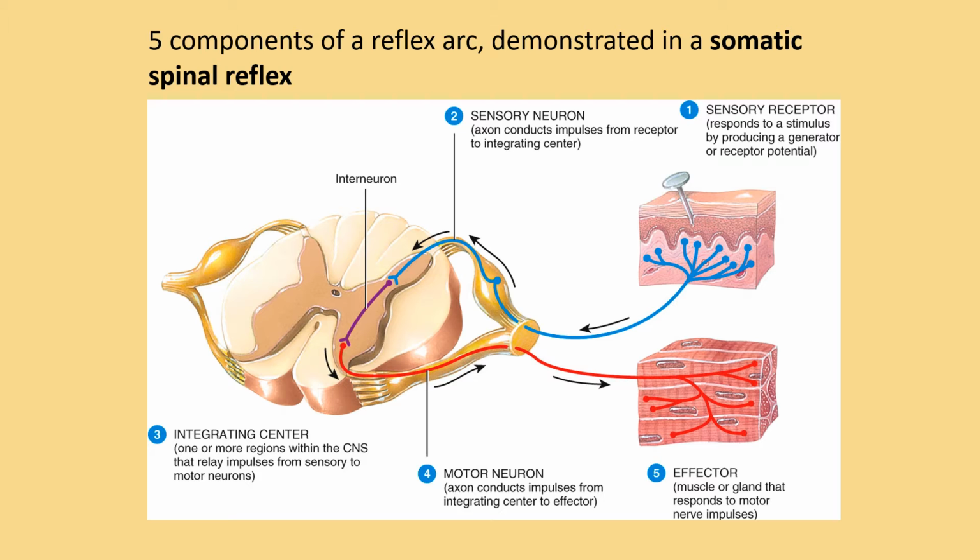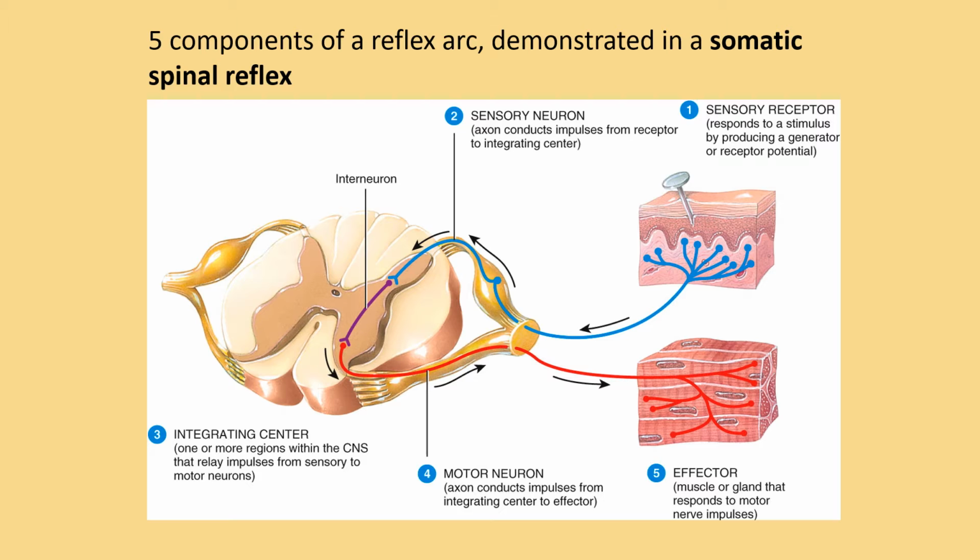Number 1. There's a sensory receptor in every reflex arc, at least one type of sensory receptor. Here, somebody has perhaps stepped on a tack, and that initiates sensory signals that travel along sensory neurons, number 2, toward the central nervous system. We see the site of integration is a segment of the spinal cord, and remember the spinal cord is part of the central nervous system.